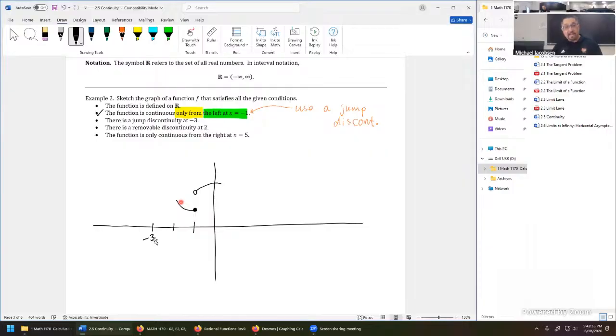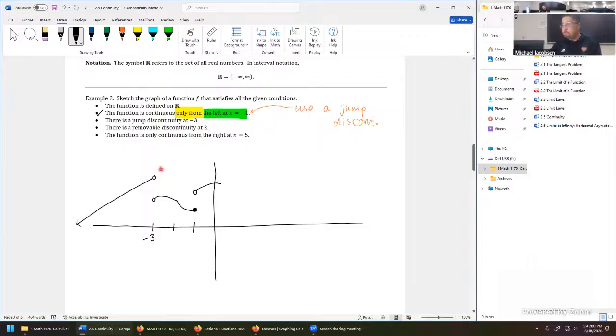There's a new condition rather right at -3. If there's a jump discontinuity, you can be creative and make it look like this. Let me put an open circle, another open circle. Could go like that. Notice -3 is the farthest left point, so we can just let the curve do anything we like, going far to the left.